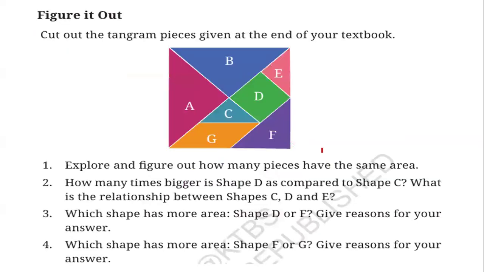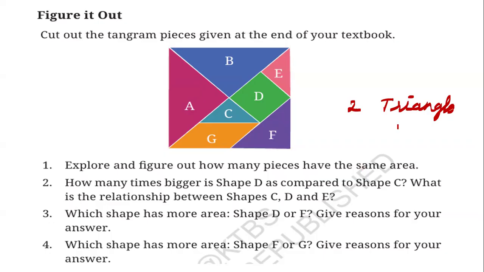Now, explore and figure out how many pieces have the same area. 1, 2, two triangles have same area. 1, 2.